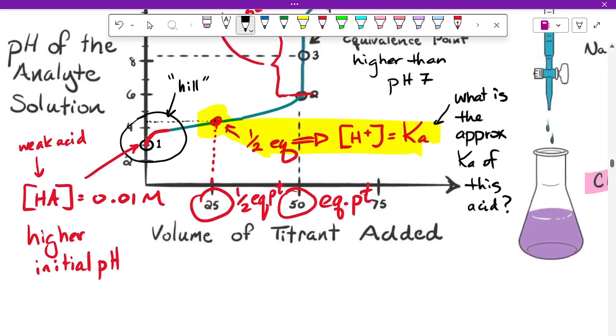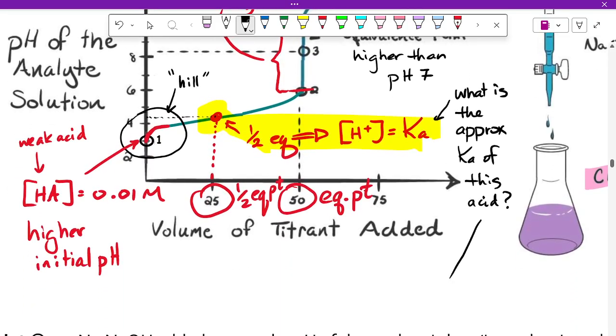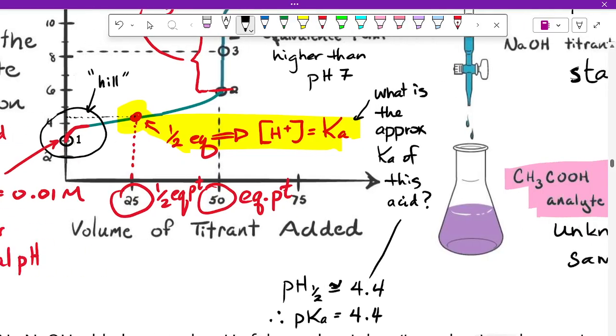So the pH at half equivalence is about 4.4. Therefore, the pKa is 4.4. Well, approximately, because we're ballparking it off there.